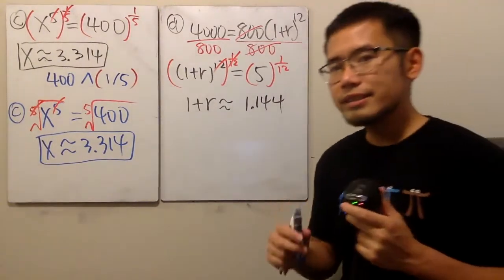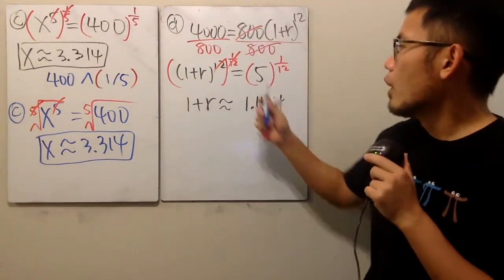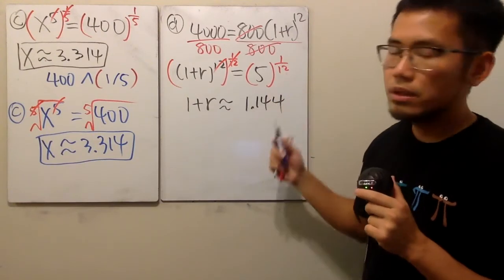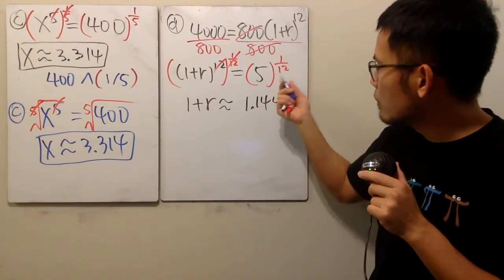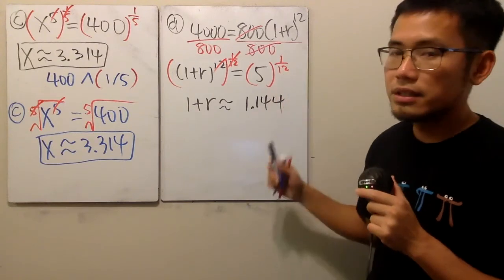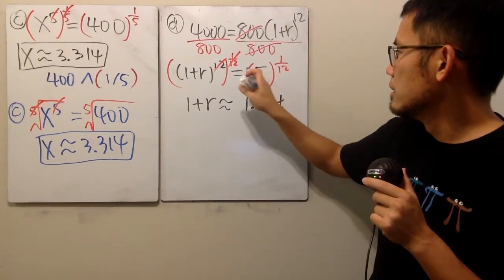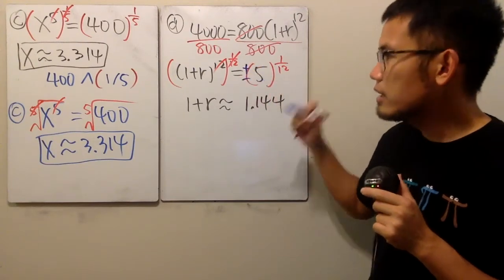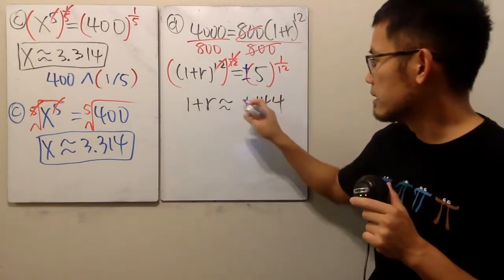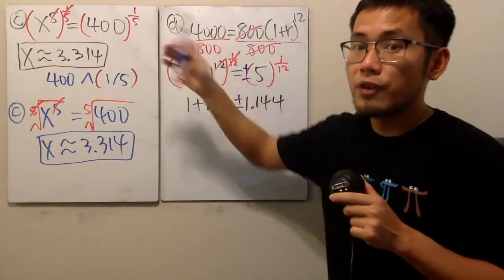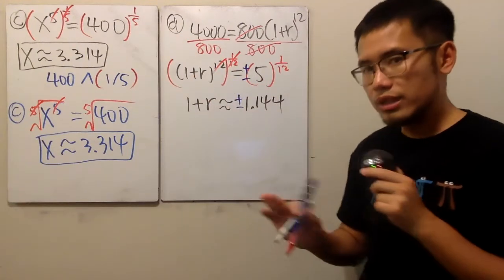Here is a small detail that you guys have to remember. Whenever you take 1 over an even power, this right here is an even number, right? 1 over an even number power like this, you will have to do the plus minus on both sides. So here, technically, you also have to do the plus minus. Earlier, we didn't have to because it was 1 over 5. 5 is odd, so you didn't have to.